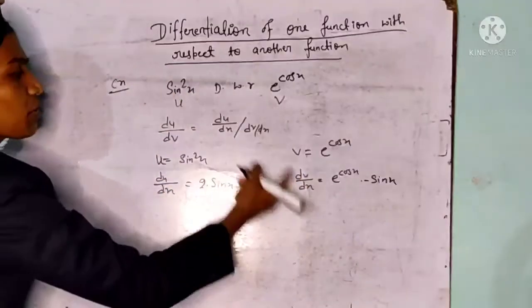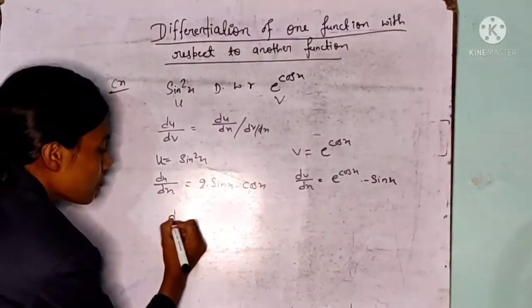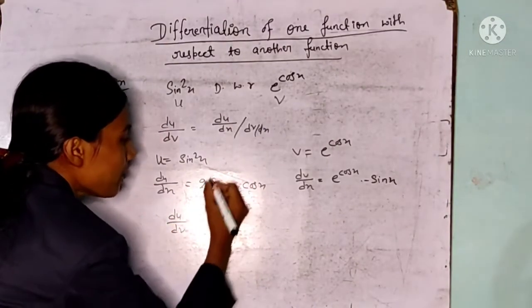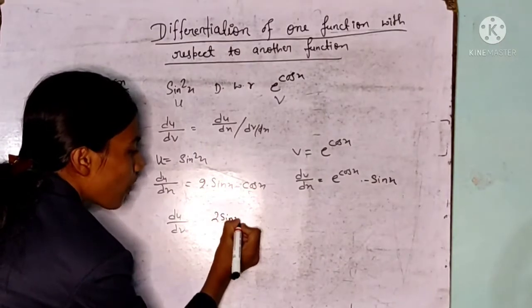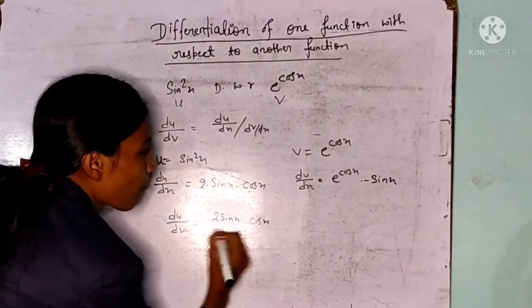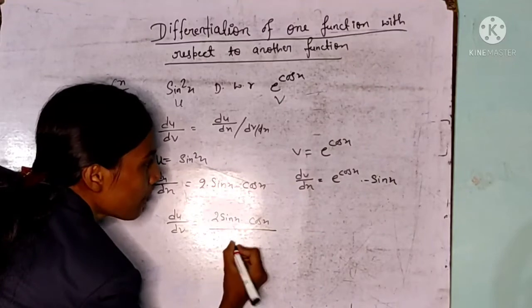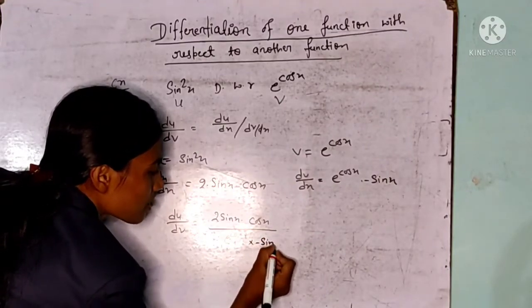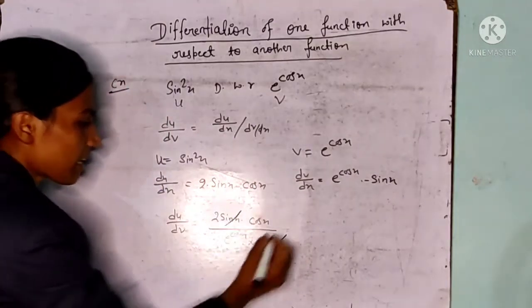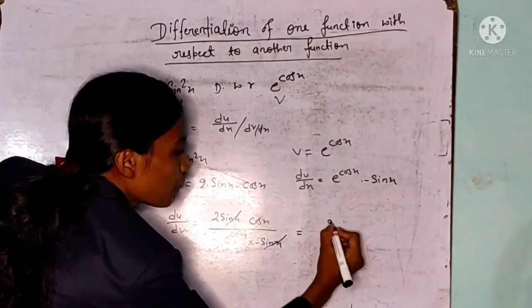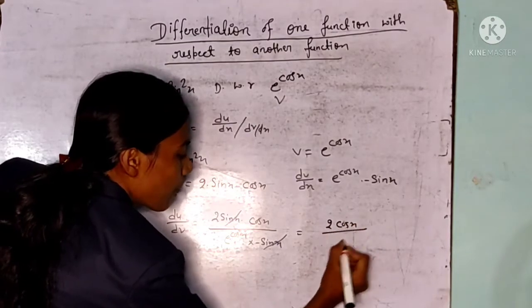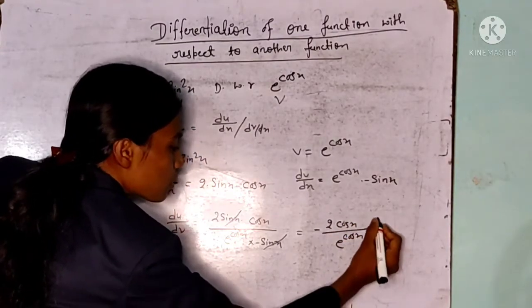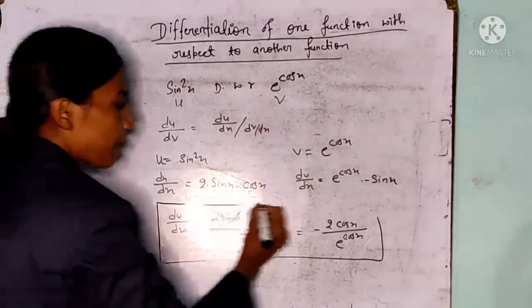Now we substitute these two values: du/dv is equal to 2 sin x cos x upon e^(cos x) into minus sin x. Now sin x gets cancelled and the remaining function is 2 cos x divided by minus e^(cos x). So this is du/dv.